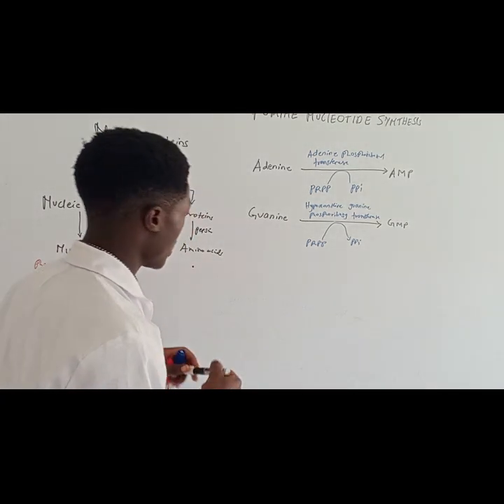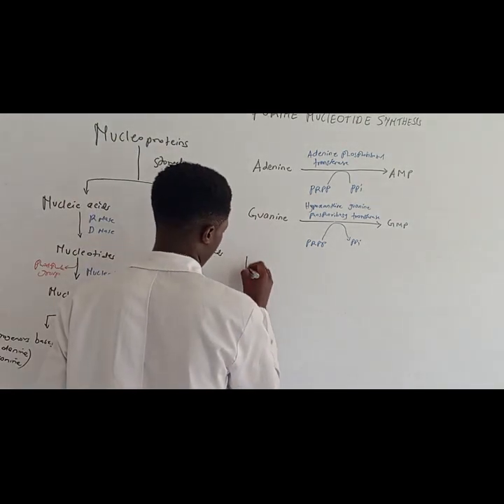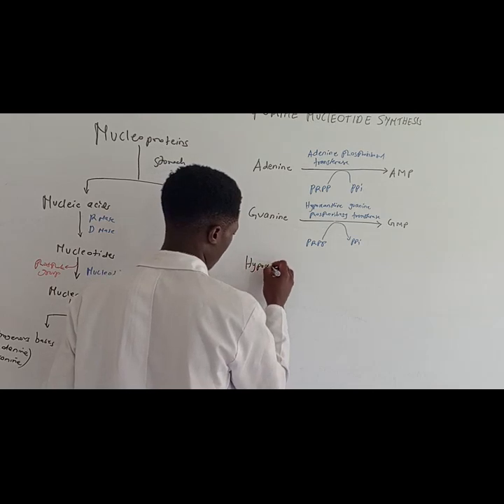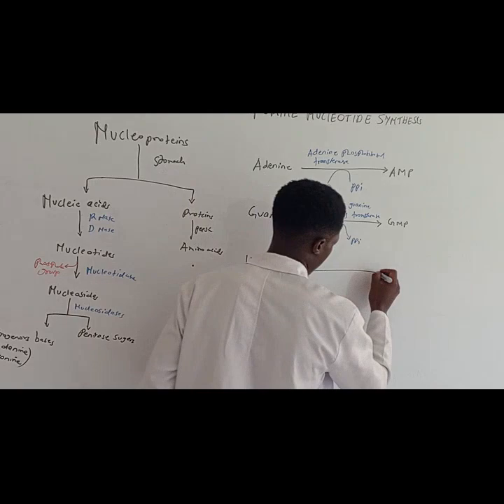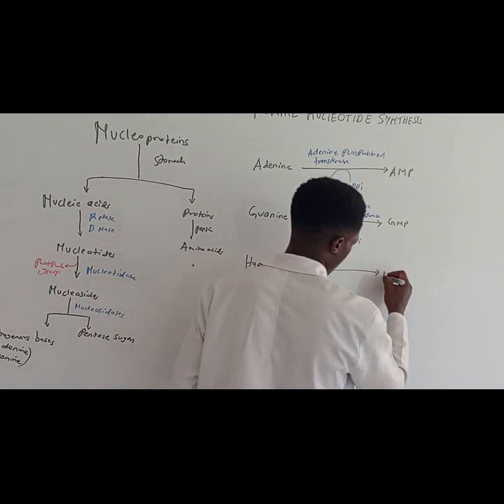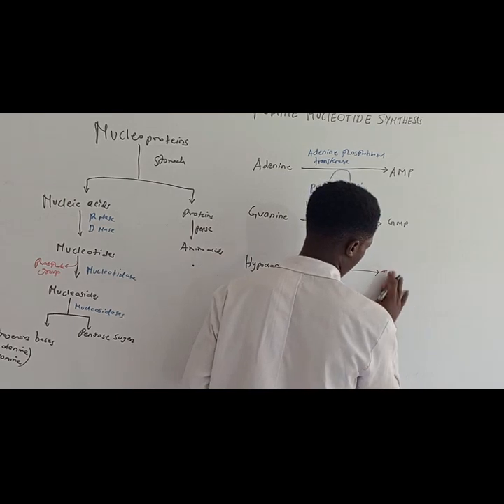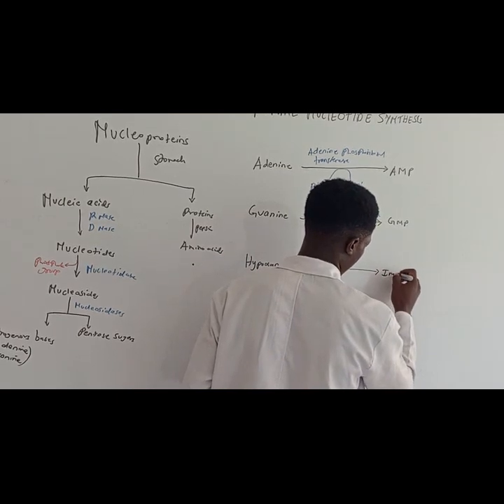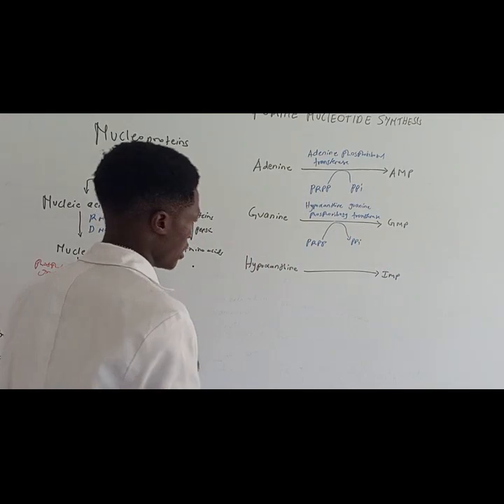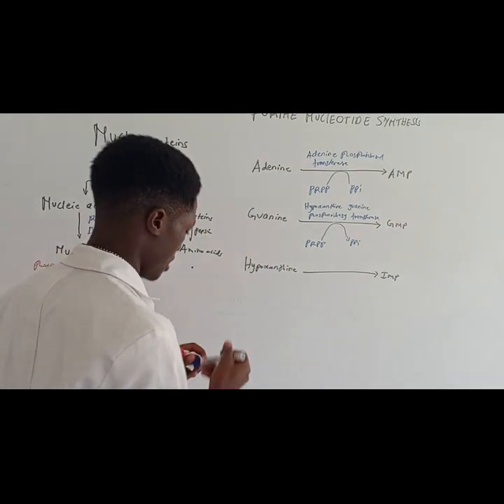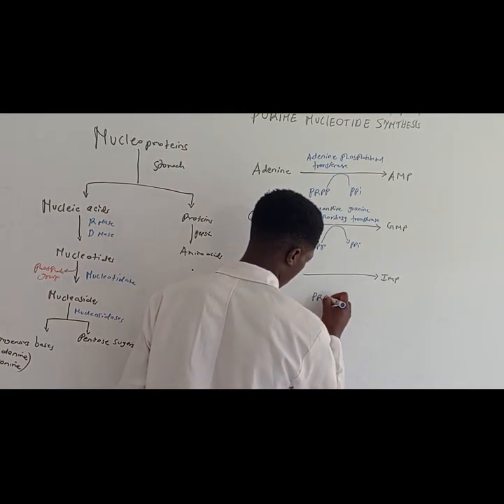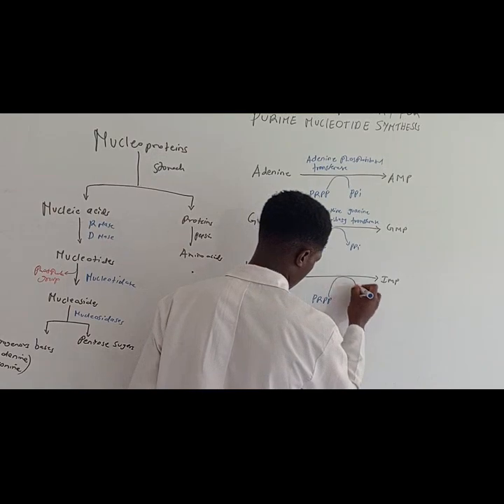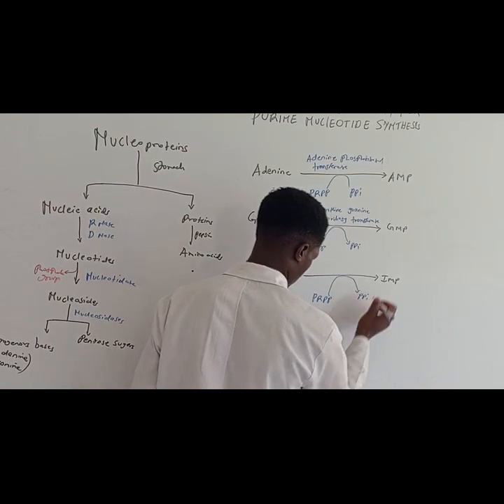So let us see how we can convert this hypoxanthine. When you have hypoxanthine, it can be converted into inosine monophosphate, or just IMP. Then this reaction is going to be catalyzed by the same enzyme. We can have PRPP, then have the pyrophosphate.